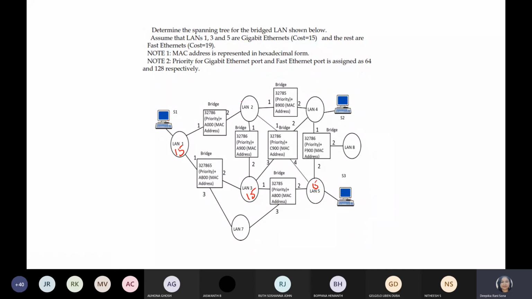Remaining are 19. It means 2, 4, 7, 8 are your fast Ethernet cost. Then note 1: MAC address is represented in hexadecimal form. And here port numbers are labeled as 1, 2, 3 like that. Numerical numbers are your port numbers, not your link cost. Link cost is this one, fast Ethernet cost and gigabit Ethernet cost. Here MAC address is represented in hexadecimal form.